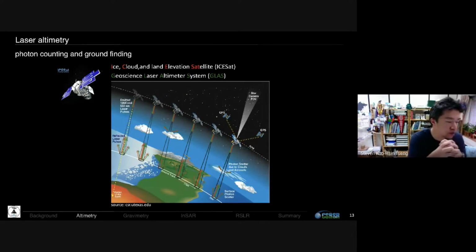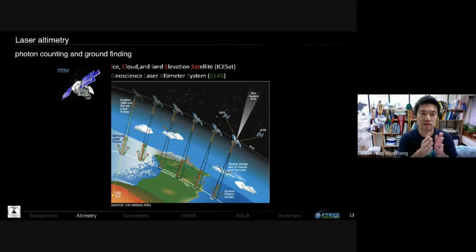For example, aliasing means that when you have a periodical term, and your sampling rate is not higher than twice its frequency, that's called the Nyquist frequency. So if you want to understand the amplitude of the diurnal signal, your sampling interval cannot be longer than half of a day.